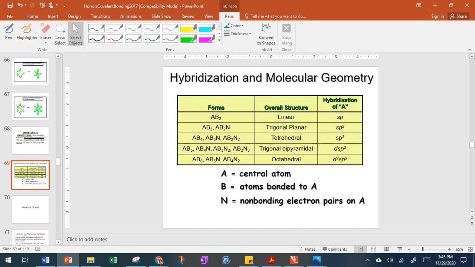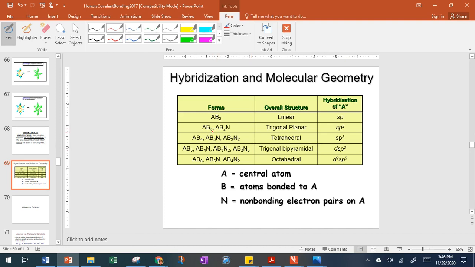If you look at each of the forms here, AB_n notation, if you count up the B and add the N to that, what we see is that AB2 has 2 regions off of our central atom, so we need something where we have 2 hybrid orbitals, which would be sp. So sp would match up with AB2.